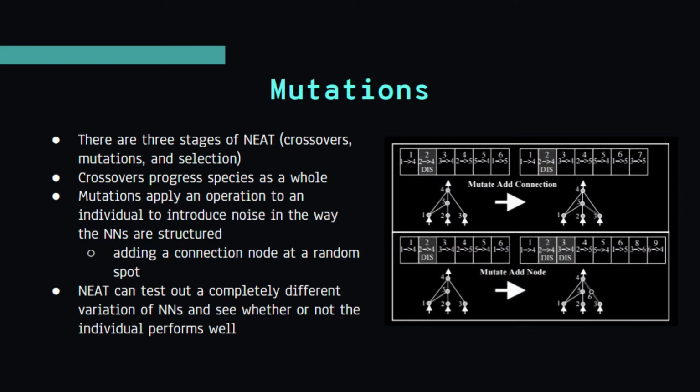But on the other hand, if it does not do well in the environment, it's just going to ignore the mutation in several generations down if it does really poorly. And so NEAT can test out completely different variations of neural networks to see whether or not the individual performs well, which is something I just explained.